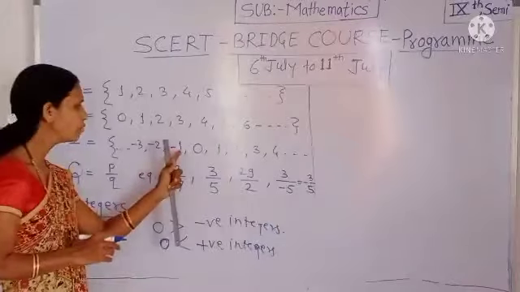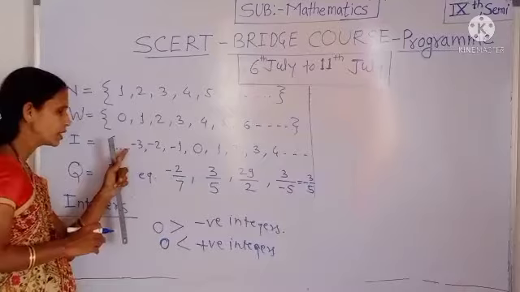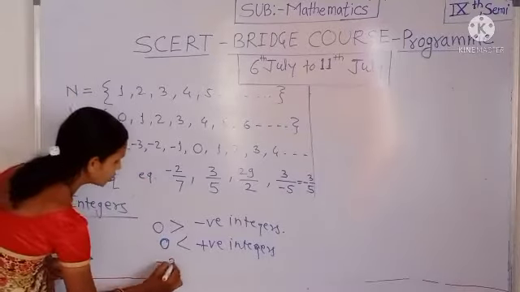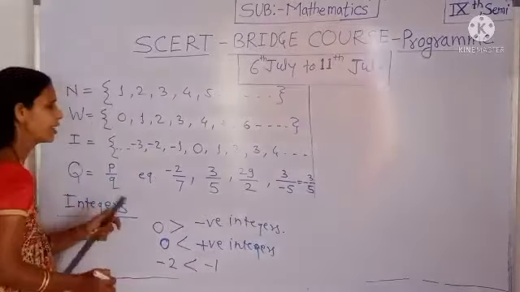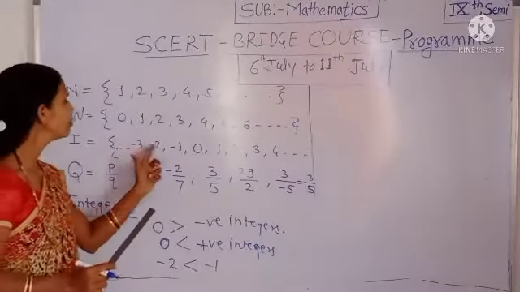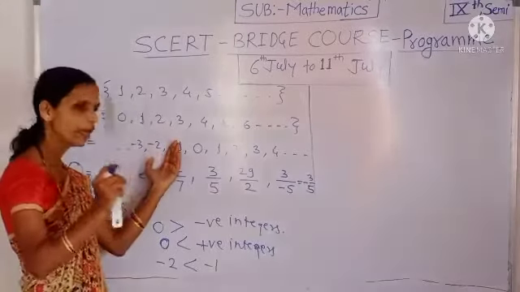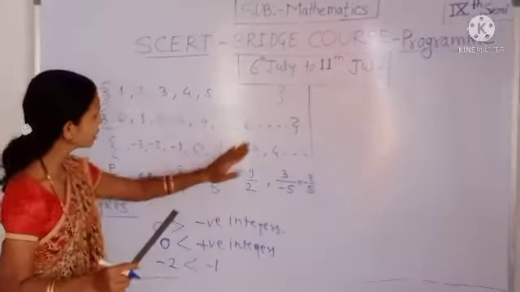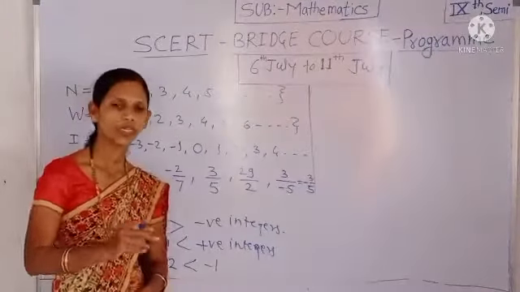That means as we move to the left side, the value decreases. That means here -2 is smaller than -1. That means the number which is on the left hand side is less than the number which is on the right hand side. That is about the integers.